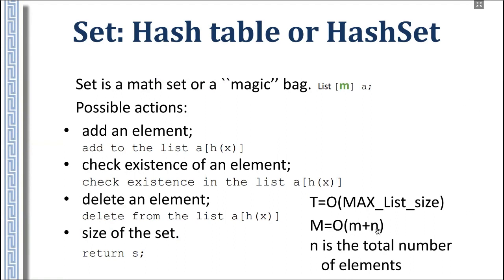And memory is m plus n, where m is the number of possible hash values, plus n is the sum of lengths of all lists. If we use, for example, an array with changeable size, or we use a linked list for implementation, in that case memory is just n. It is the sum of all lists, and what is the sum of all lists?